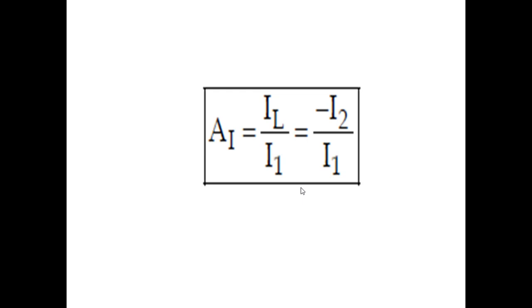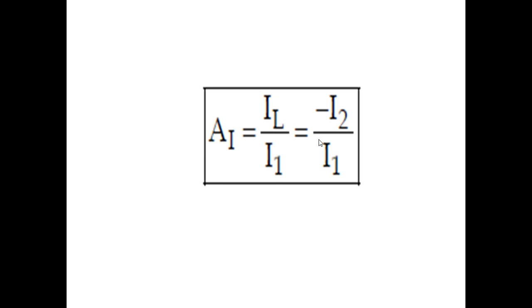where IL is reverse in direction with respect to output current, that is I2. Therefore, minus I2 by I1. The ratio of minus I2 by I1 gives the current gain. Now, this I2 by I1 is the AI, where the minus sign indicates that there is 180 degrees phase shift between input and output.